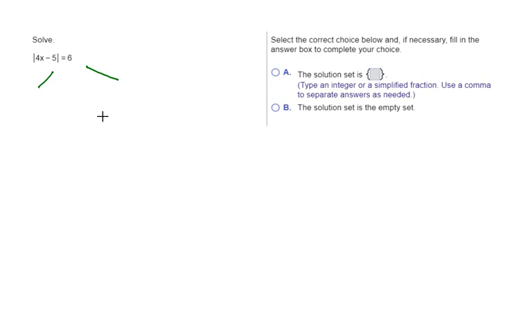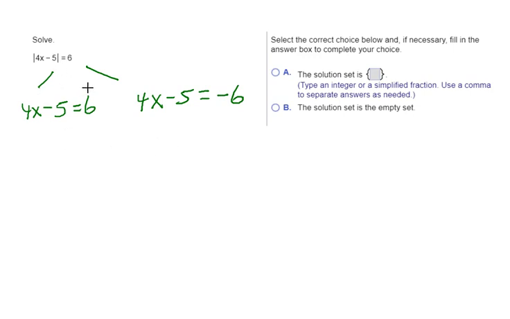The first one should be exactly the same as the original, but without the absolute value. So I'm going to rewrite the same equation I had to start with, 4x minus 5 equals 6, but I'm going to leave the absolute value off of that. The second equation, we're going to make one change. The left-hand side will stay the same, but the right-hand side will be negative 6.